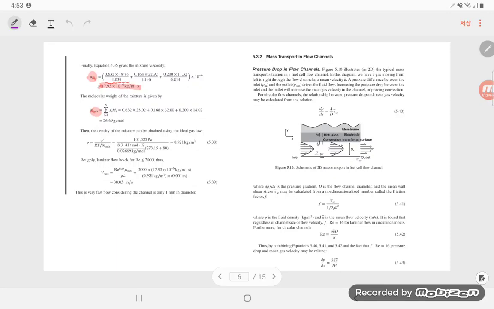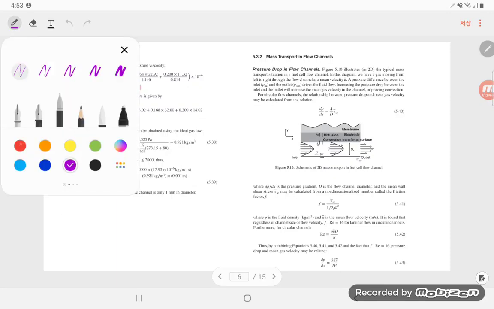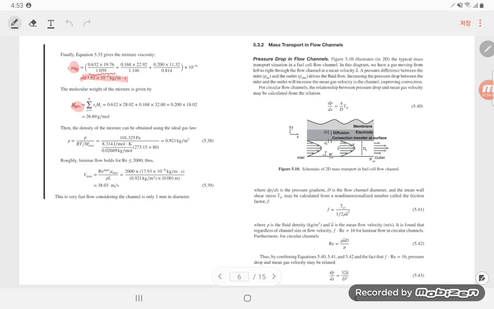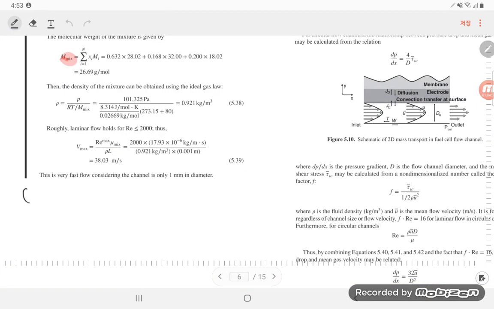Then how can we get this one? What is rho? Rho is the density, which is m over V.